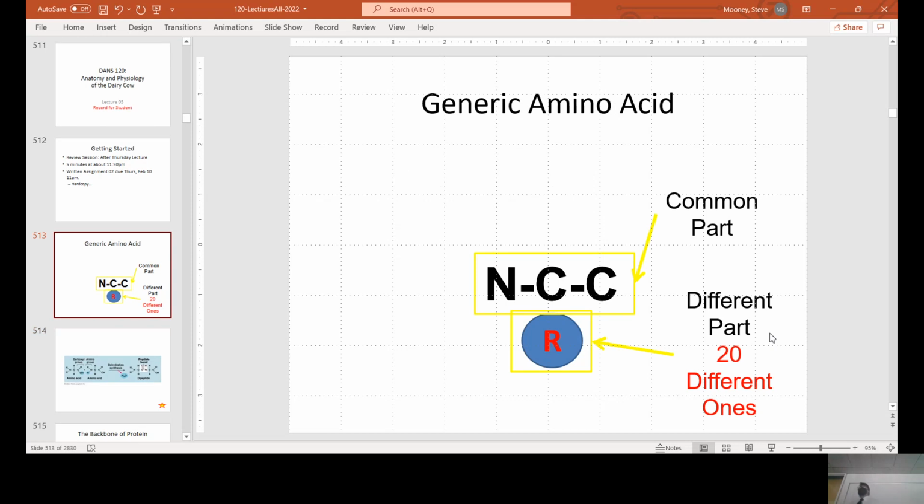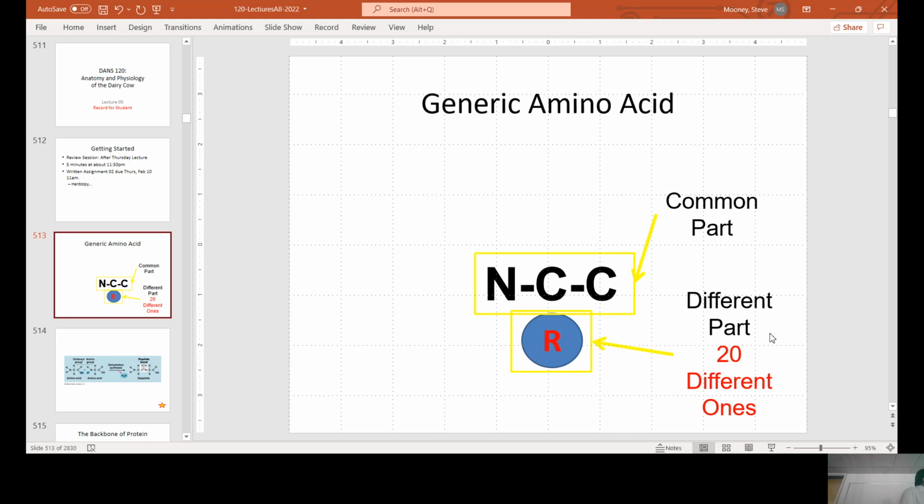So last time we talked about proteins, specifically the building block of proteins. We have the generic amino acid. It's got a common backbone: the nitrogen, carbon, carbon running through every single amino acid. What is different about each of those is the R group sticking off of that middle carbon.